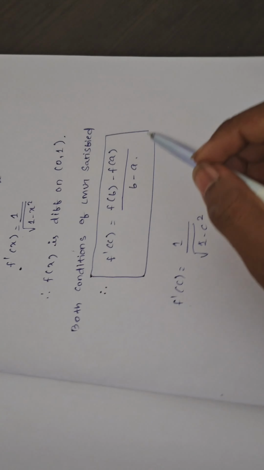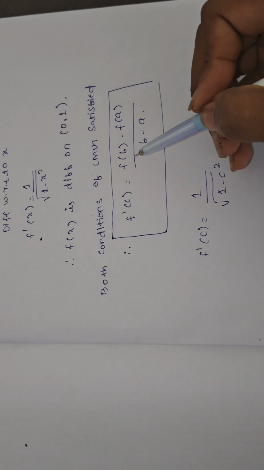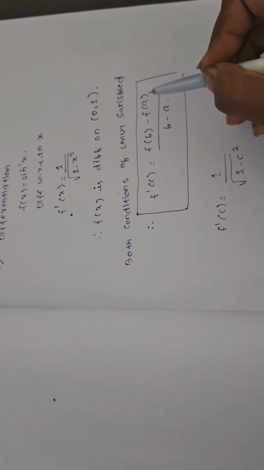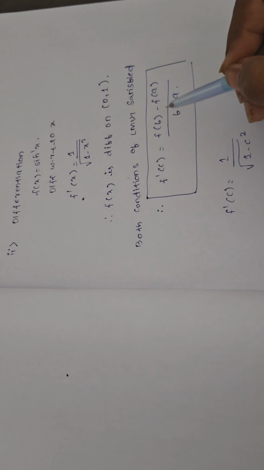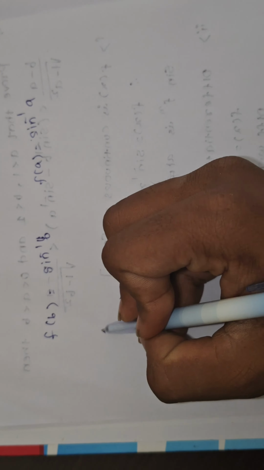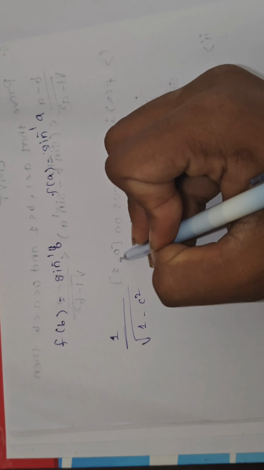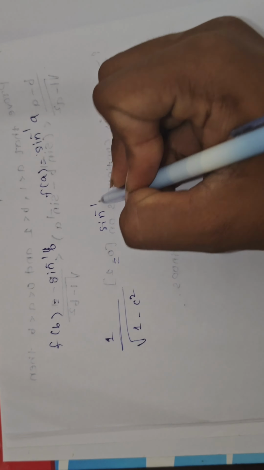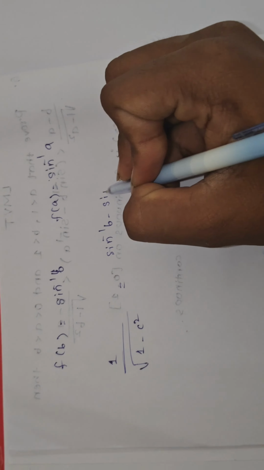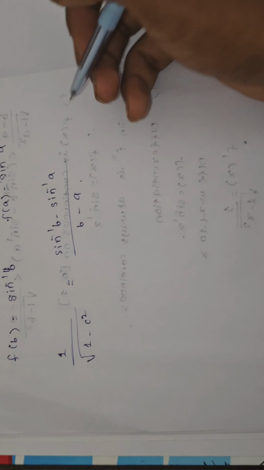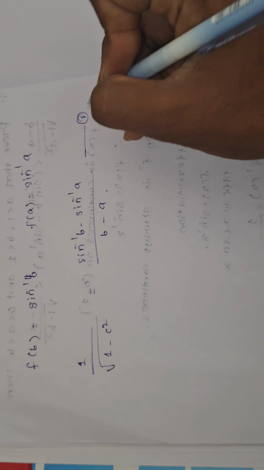Substituting, f dash of c, which is 1 by under root 1 minus c square, is equal to sine inverse b minus sine inverse a by b minus a.